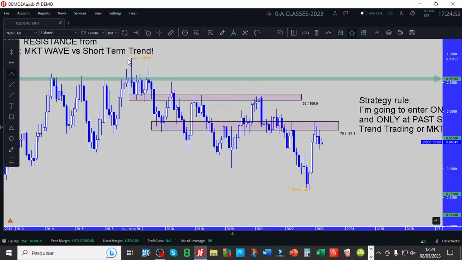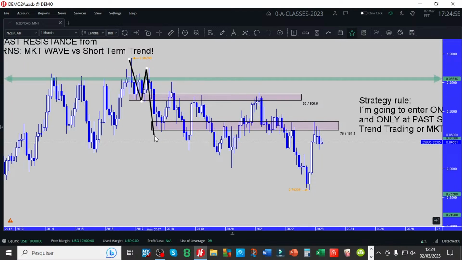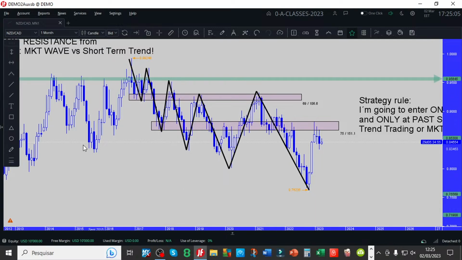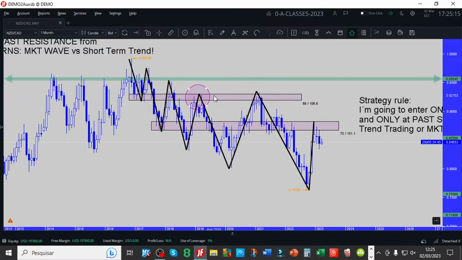This is the NZD CAD monthly chart. High to low, low to high, high to low, low to high, high to low, low to high, high to low, low to high, high to low, and low to high. Can you see, everybody, that this high reacted to the past resistance, and this high reacted to past resistance, and this high is reacting to past resistance?